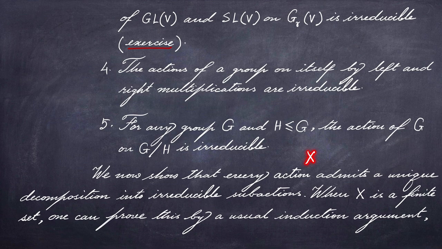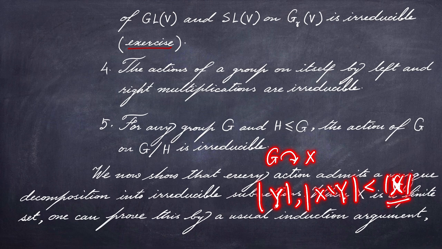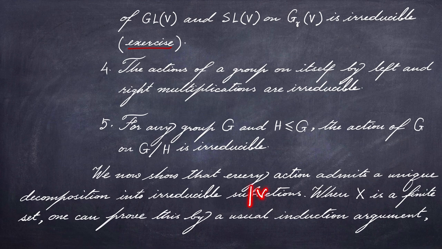If the action is not irreducible, then that means there will be some Y, proper and non-empty, which is invariant under G, and then we have X minus Y. Now see that both these are having strictly less number of elements than that of X.